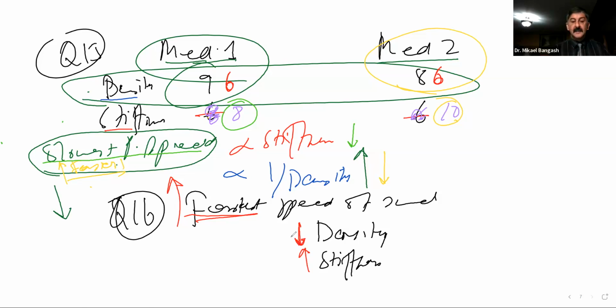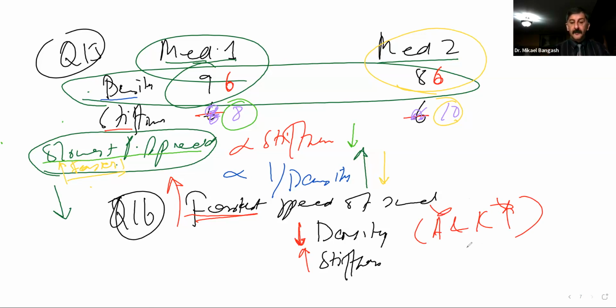You can just do an elimination of A and C, because both A and C have high density, sorry, which is not what you're looking for because you're looking for the highest speed, which would require low density.